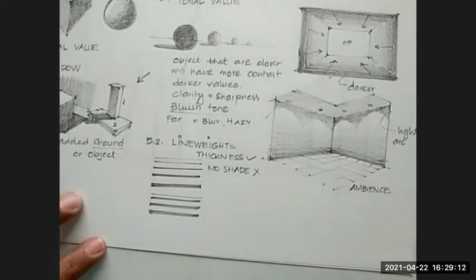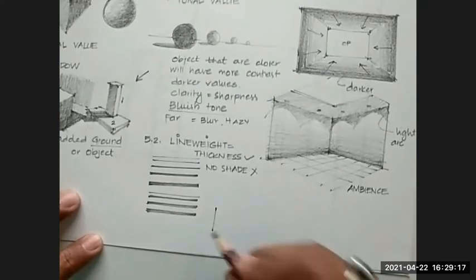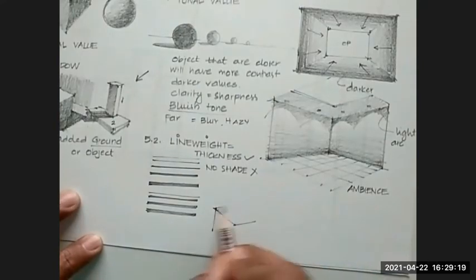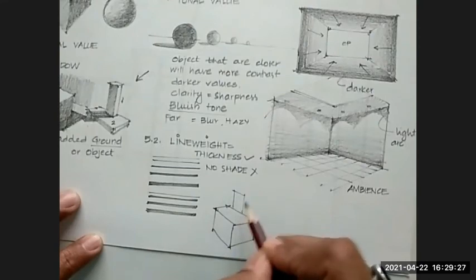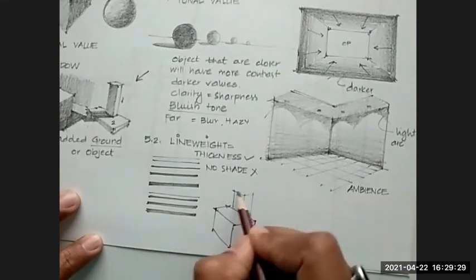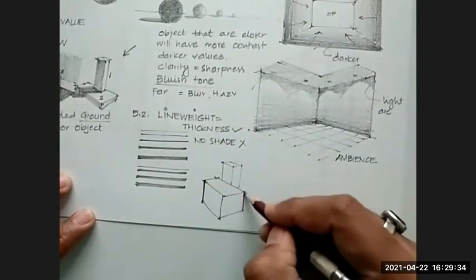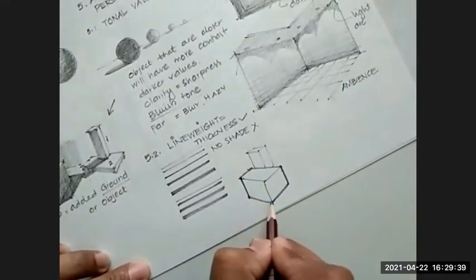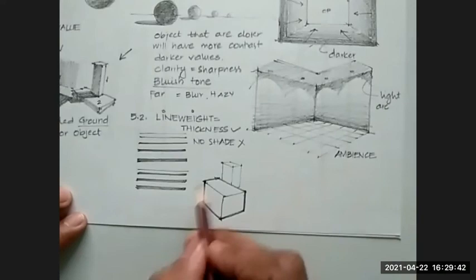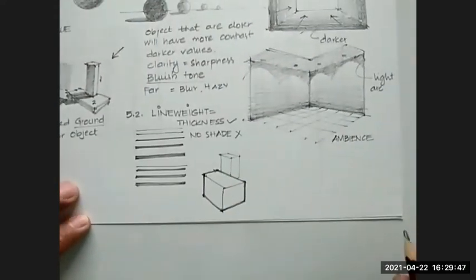So what is the rule behind it? The objects which are closer to you, let's say there is an object which is closer to me, and there is an object which is far. Simply by giving more thickness to the outline, I can create the depth.